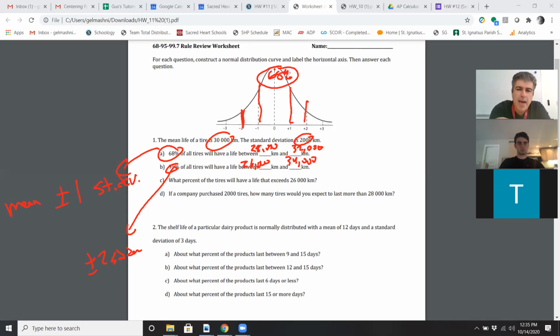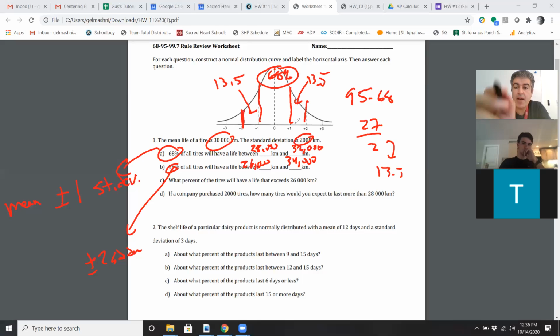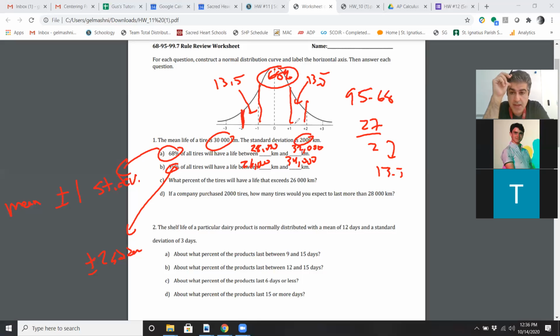So if you do a little bit of math, 95 minus 68 is 27, and if you divide that by 2, you get 13.5. So this is going to be 13.5 right here, and 13.5 right here. But the bottom line is that this is the middle 95%, which it does add up to.